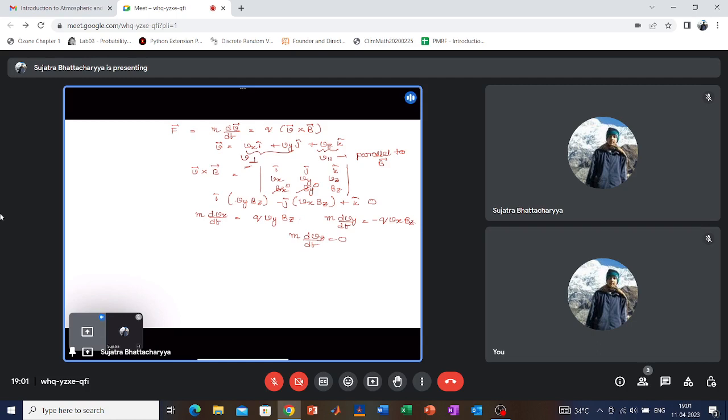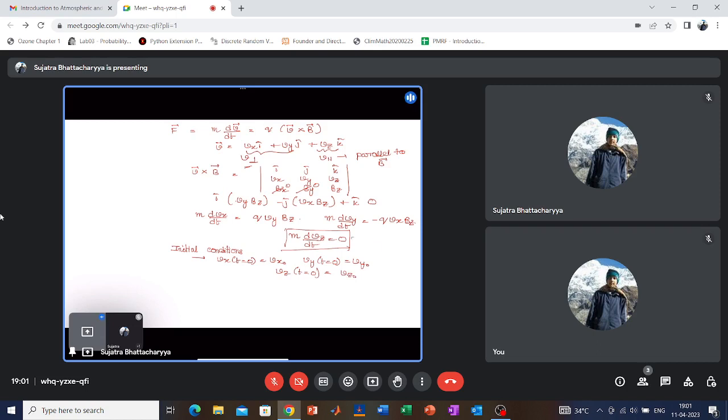So just solve the easiest expression first, that is this one. Let us consider first the initial conditions. Vx at t equal to 0 is Vx0, Vy at t equal to 0 is Vy0, and Vz at t equal to 0 is Vz0.